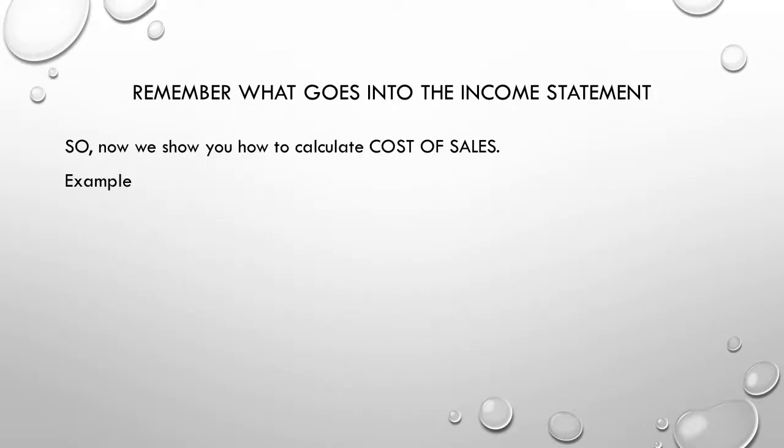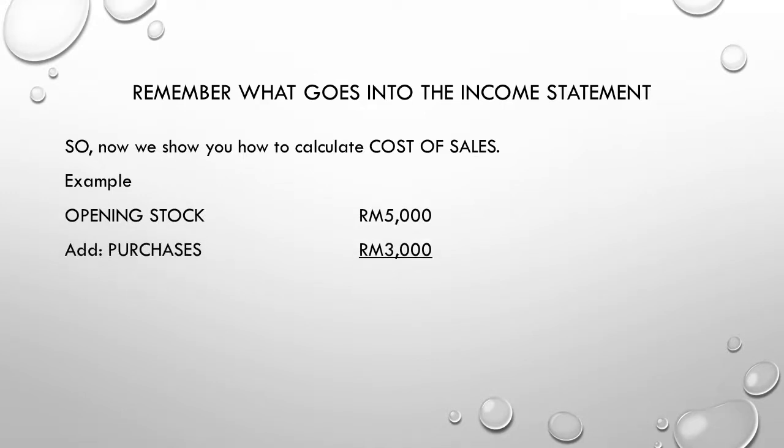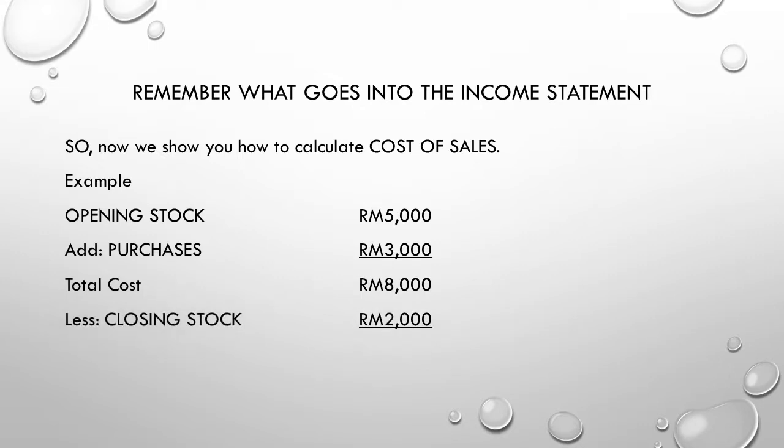Okay, this is a format that you can follow whenever you need to close your account on the calculation of your cost of sales. Your opening stock, for example, is 5,000. Then you add your purchases, 3,000. So your total cost is 8,000 now.